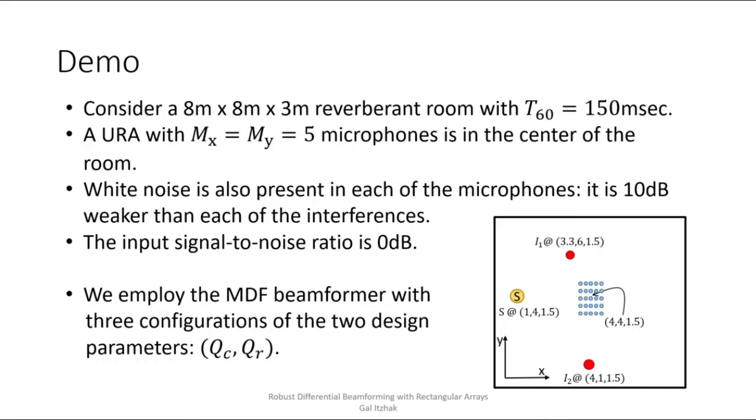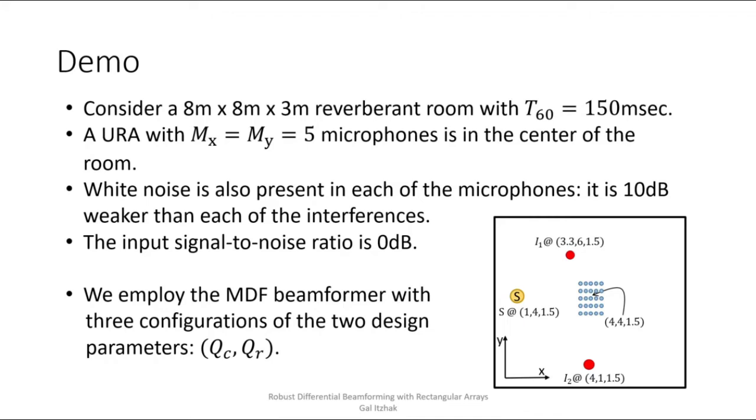We consider an 8 meters by 8 meters by 3 meters reverberant room with the parameter T60 equals 150 milliseconds. The z equals 1.5 meter plane of the reverberant room is shown right here in the illustration. And we can see that in the middle of the room, around the point 4, 1.5, we have a URA with Mx equals My equals 5 microphones. We have here a desired speech signal source, which is in the endfire with respect to the x-axis and in the broadside with respect to the y-axis.